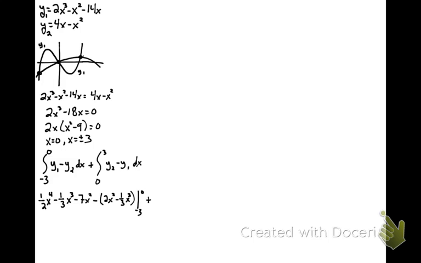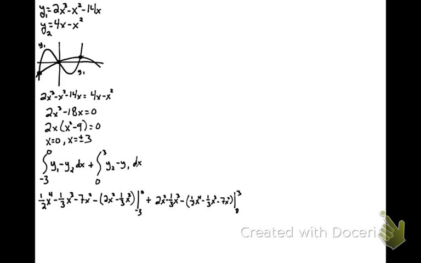plus, now I'm just going to end up reversing these two things, 2x squared minus 1/3 x cubed minus 1/2 x to the fourth minus 1/3 x cubed minus 7x squared, and this gets evaluated from 0 to 3.